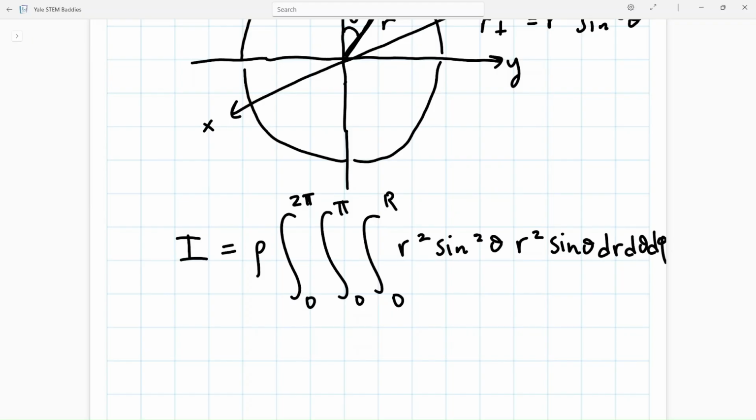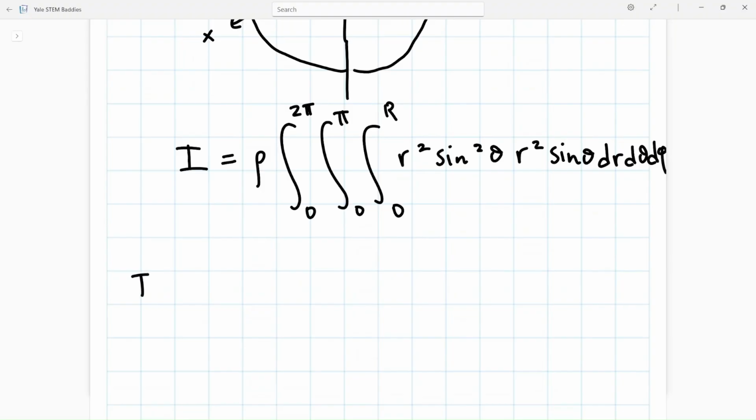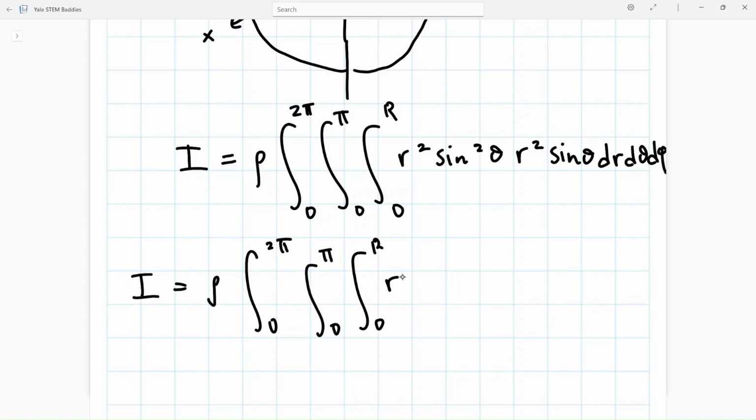Okay, now let's combine our like terms that are stuck together with multiplication in that integral. So we're going to go ahead and combine those r squareds into an r to the power of 4. And actually, I'm not going to combine those sines, and you'll see why.